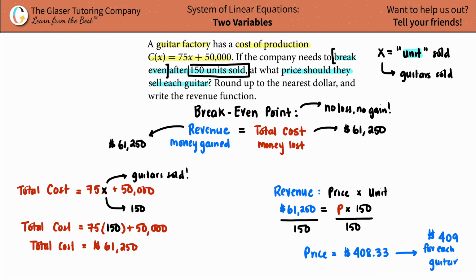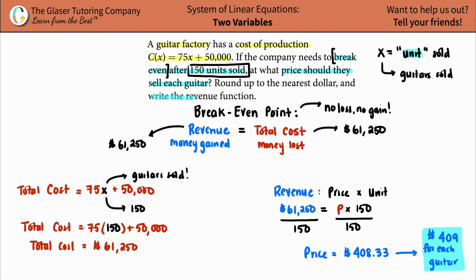So that's the answer to the first part. We're going to sell those guitars for $409 because we need to sell 150 to break even. The break-even amount was $61,000, so 409 times 150 will get us roughly that amount. So that's the beginning. What price should they sell each guitar?